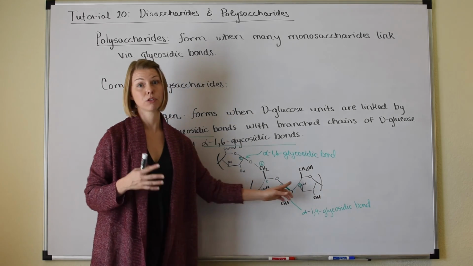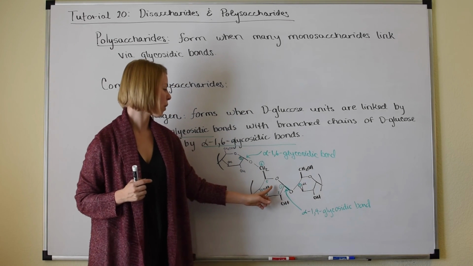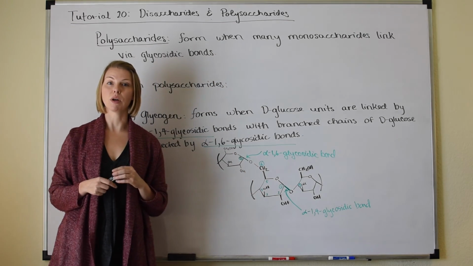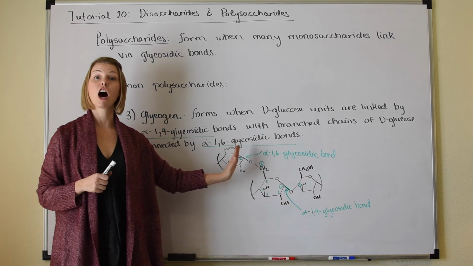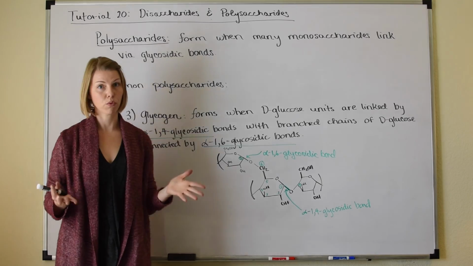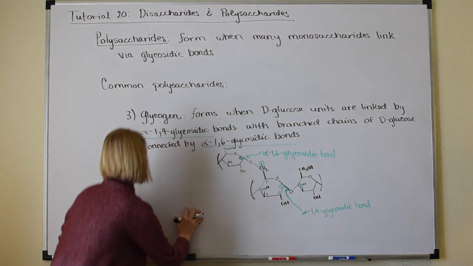So really 2 to 3 times as often. About every 8 to 12 glucose units, you're going to have a branched alpha-1,6 glycosidic bond leading into another chain of glucose units which are connected by alpha-1,4 glycosidic bonds. So a nice drawing for that.